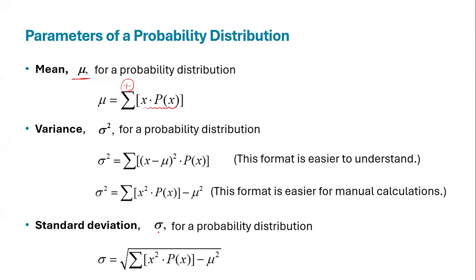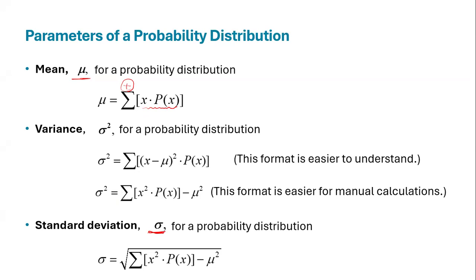To find a standard deviation, which we show by sigma, we need to know the variance, because as I said in chapter 2, the standard deviation is the square root of the variance. So if you have the variance, you just take the root. How do we find the variance?